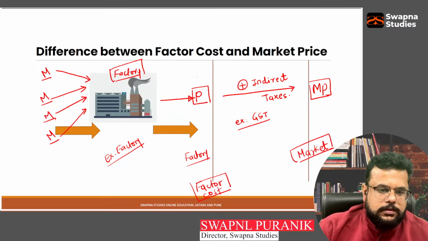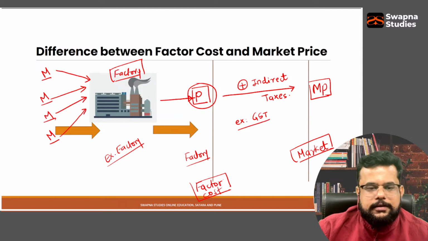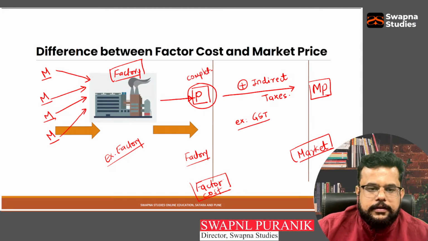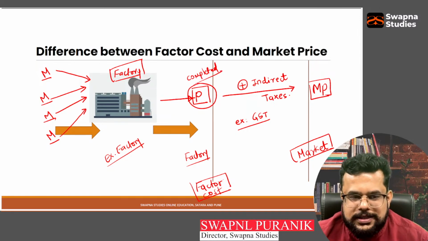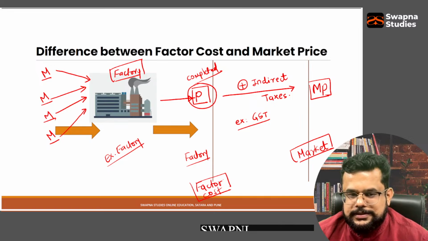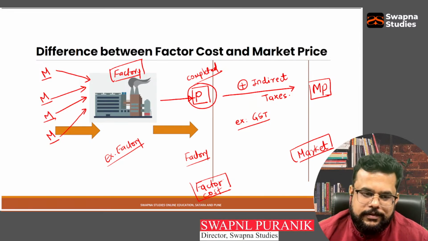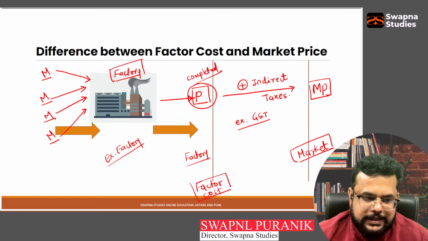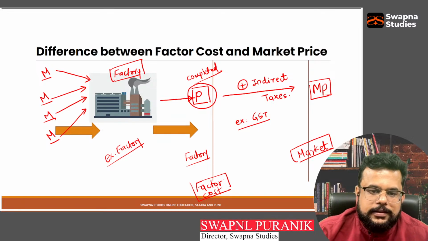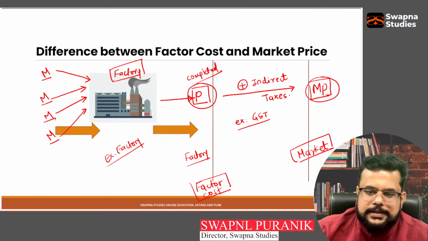And if you consider the completed product in the factory, then the cost is called factor cost. And when you add indirect taxes, for example GST, in the factor cost, then you get the market price.